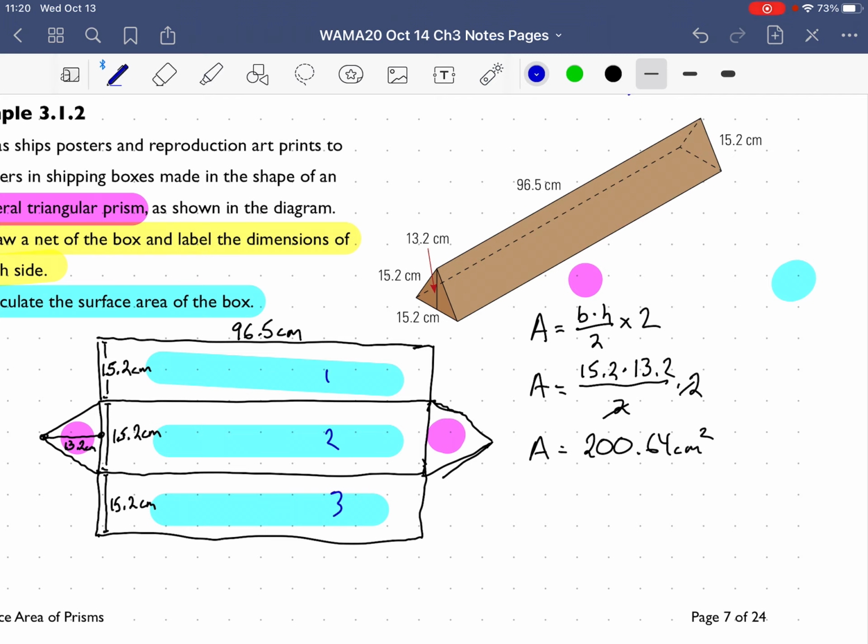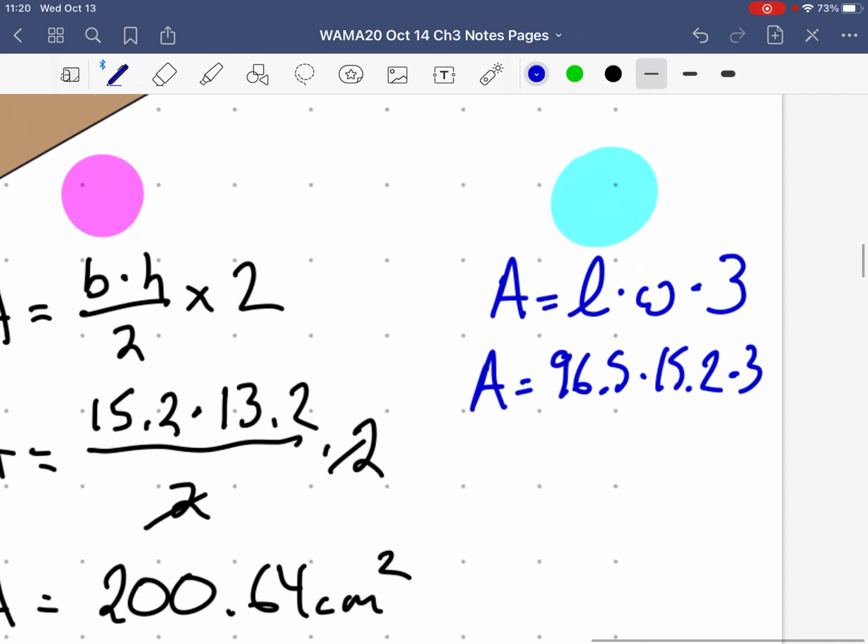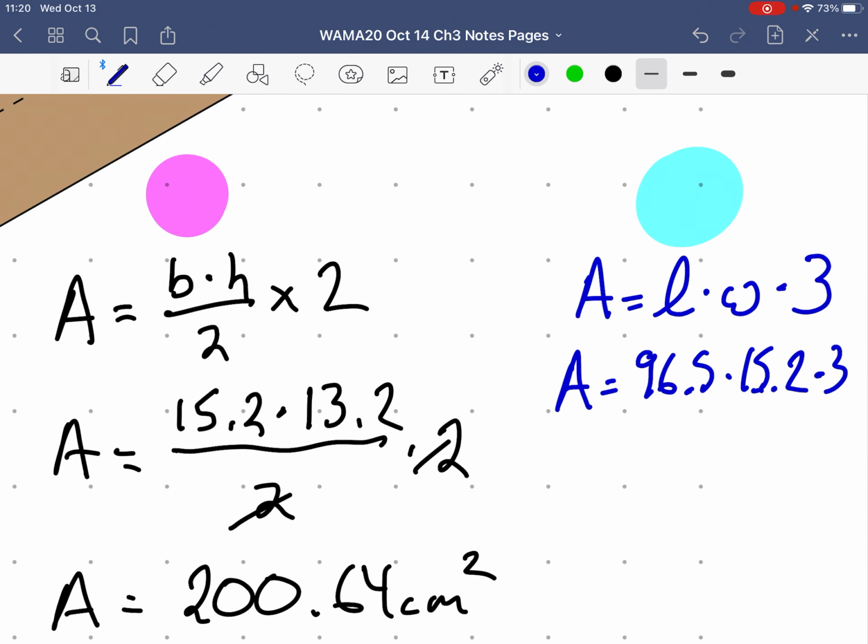There's 1, 2, 3 rectangles that are exactly the same. So I write out my formula. Area is equal to length times width, and there's 3 of them, so we times it by 3. Area is equal to 96.5 times 15.2 times 3.